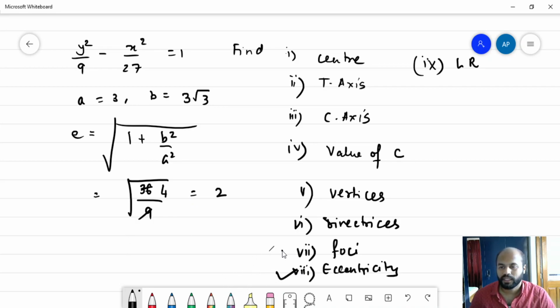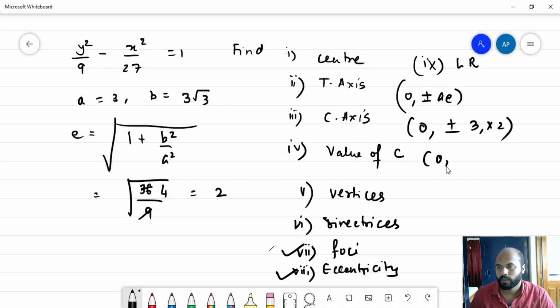Now we can find the foci also. Foci are going to be 0, comma, plus minus a times e, where a is 3 and e is 2. So that's going to be 0, comma, plus minus 6. This is the value of foci. Then comes directrices.